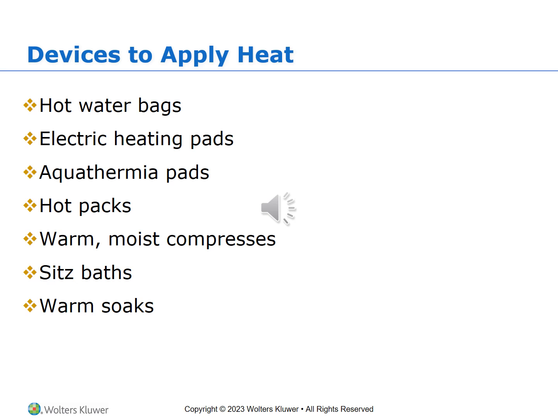On pages 1194 through 1195, I referred to the different heating devices and apparatus. We have hot water bags, electric heating pads, aquathermia pads, hot packs, warm and moist compresses, sitz bath, and warm soaks. These are all described in these 2 pages, with a small paragraph for each of them. Read it.